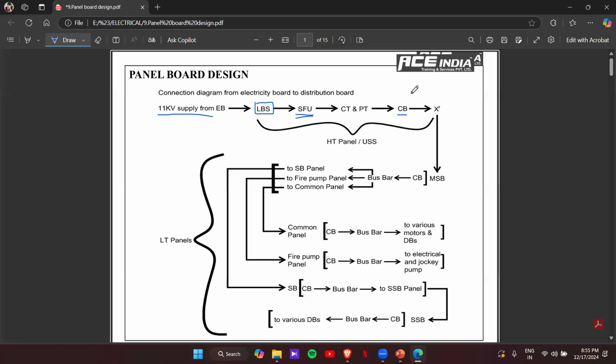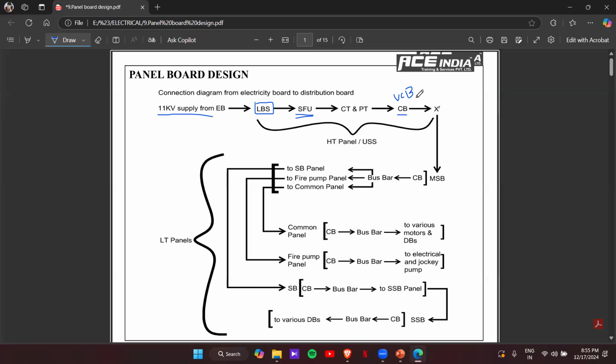This entire section is called the HT side, or high tension side, because the supply voltage here is 11 kV. Here the circuit breaker will be the vacuum circuit breaker, VCB.